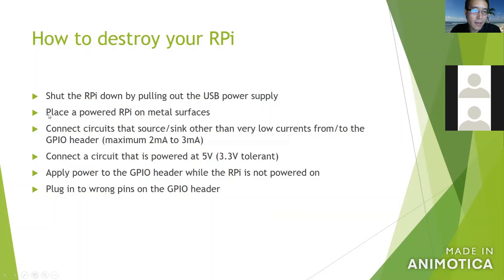Another thing you want to avoid is to place a powered Raspberry Pi on a metal surface. We all know that a metal surface will short the circuit, and a short circuit will destroy the Raspberry Pi. So after you borrow the board and take it back home, make sure that you don't place a powered Raspberry Pi on a metal surface.